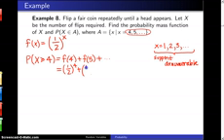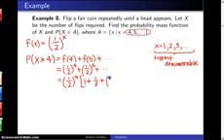F of 5 is 1/2 raised to the 5th power, etc. If you factor a 1/2 raised to the 4th power out of every term, you will get 1 plus a half plus a half squared, etc.